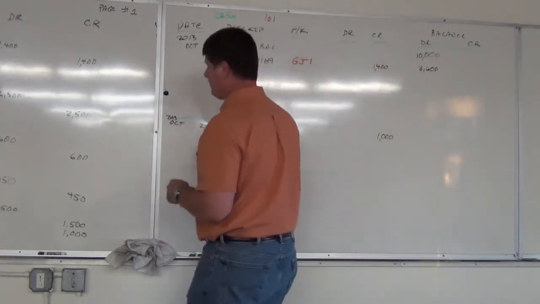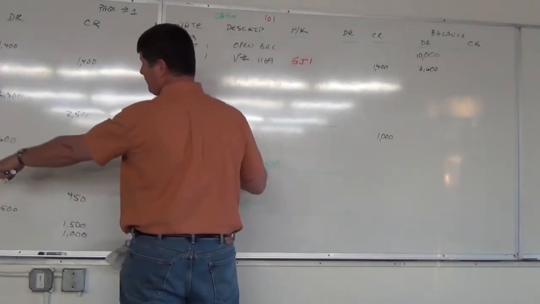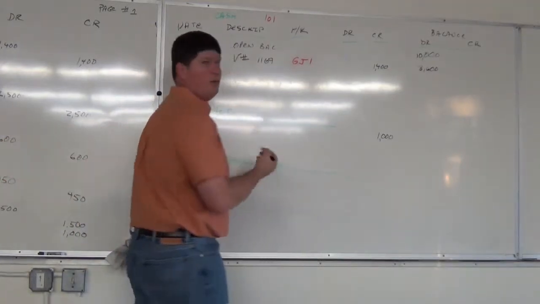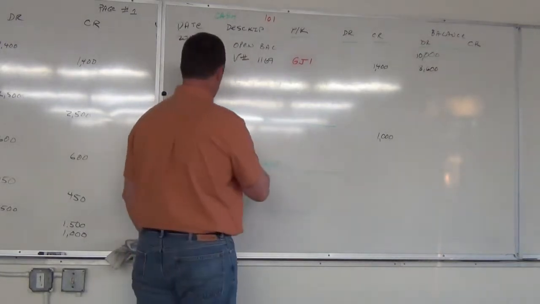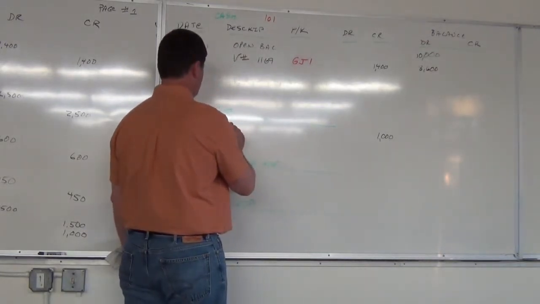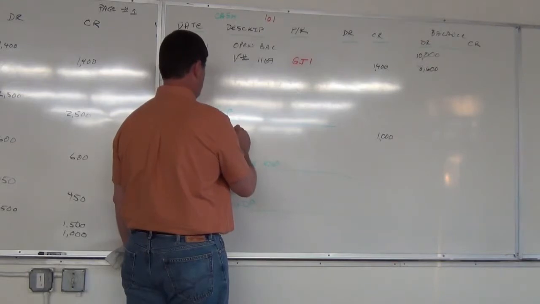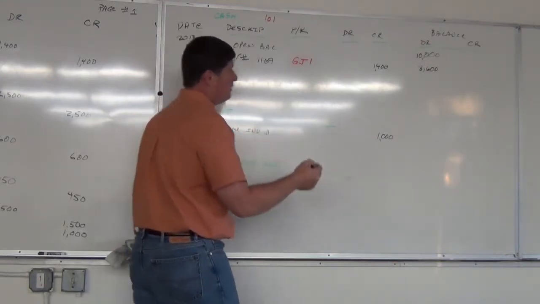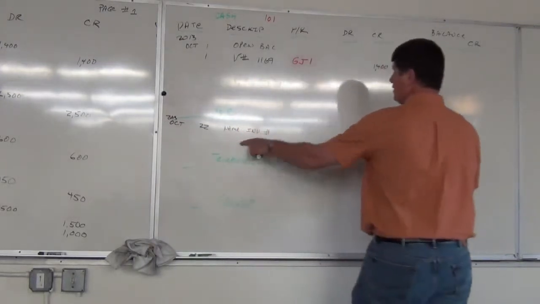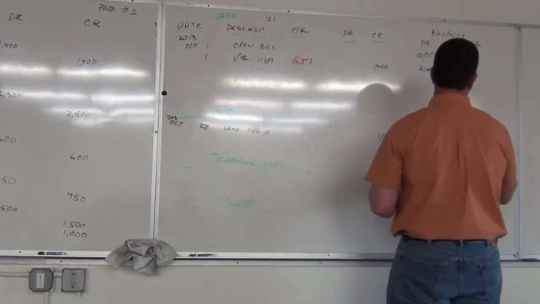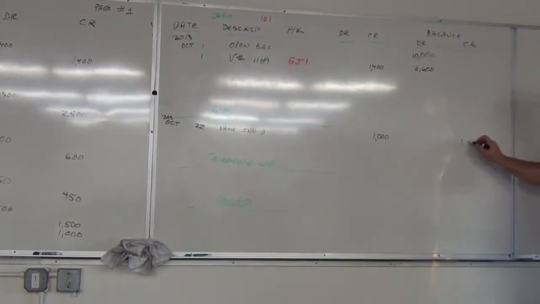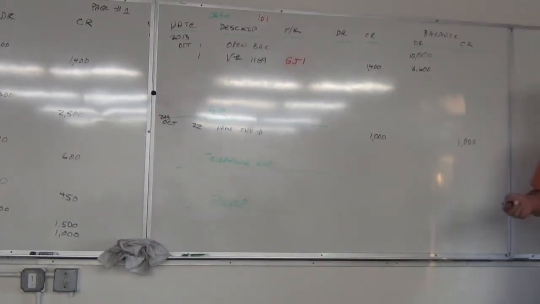My description, what's my description going to be? There would be an invoice number that went with this piece of equipment we bought, right? So I'd probably get the name of the company in here, an invoice number, something. I have a $1,000 credit to accounts payable, so my balance is, assuming I have a zero beginning balance, a $1,000 credit balance.